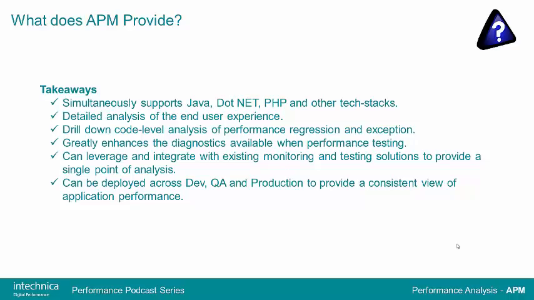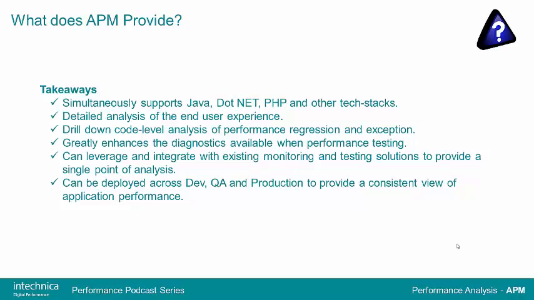Combine this with detailed analysis of the end user, which is very important in today's digital world, and also bring in the profiling capability to drill down to get this class, method, line of code view of application behavior when performance regressions or exceptions present during performance testing. So collectively, it greatly enhances the diagnostics available to the performance testing team, which is of course highly desirable.